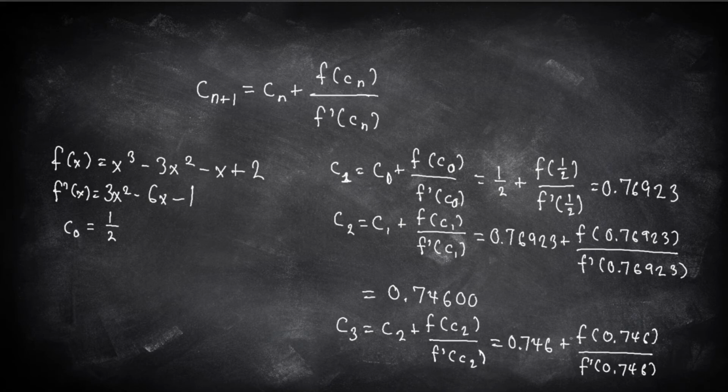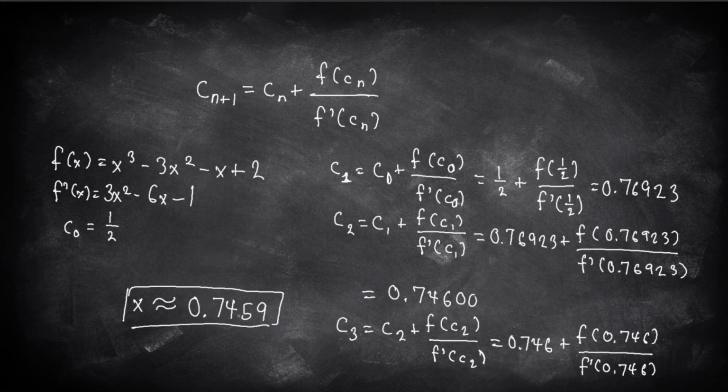When we finally calculate it this last time, we should get something around 0.7459. So we have a zero that's approximately around, that's an approximately symbol, 0.7459.